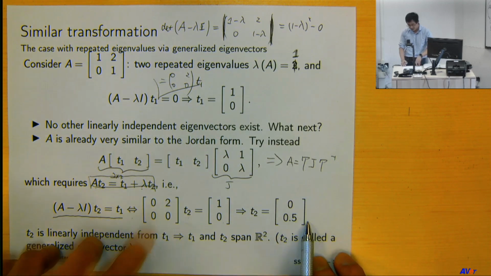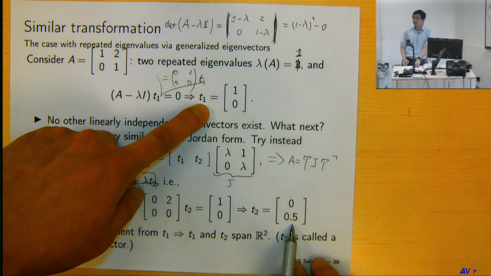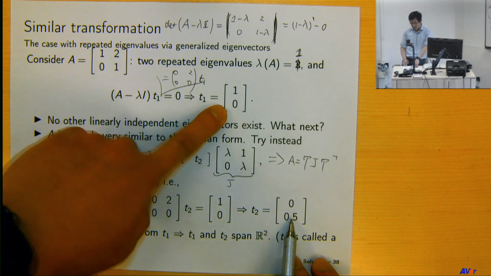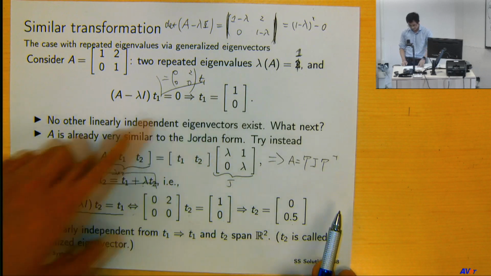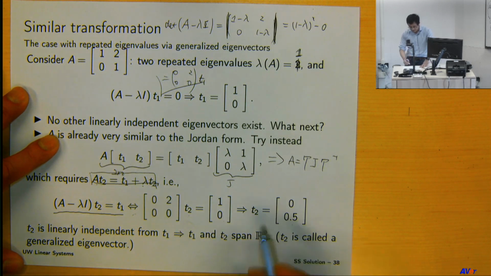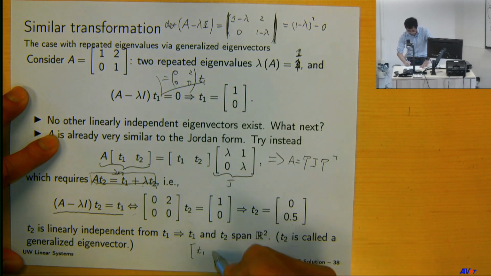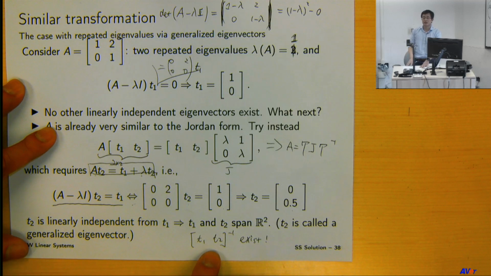And then if you take a look at T1 and T2, you see that they are linearly independent. T2 has an element in the second row that in no way can be expressed from T1. Therefore, T2 is linearly independent from T1, and then you can put them up as T1, T2. This time, the inverse will exist for this T1, T2 matrix.